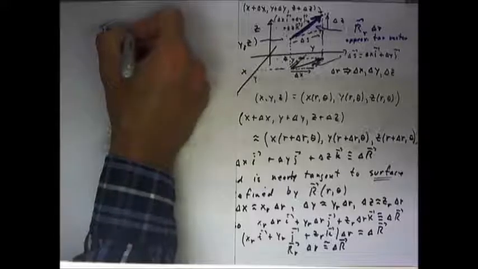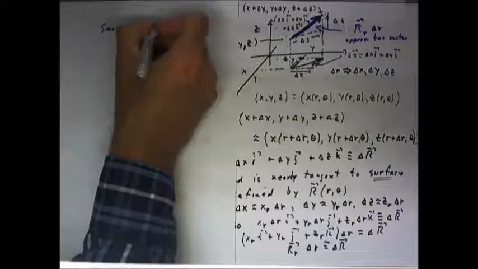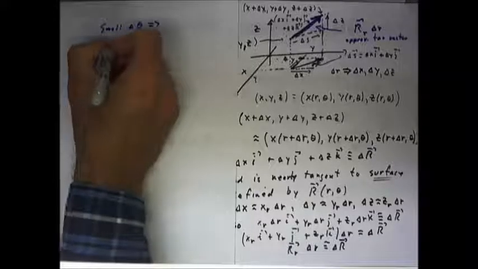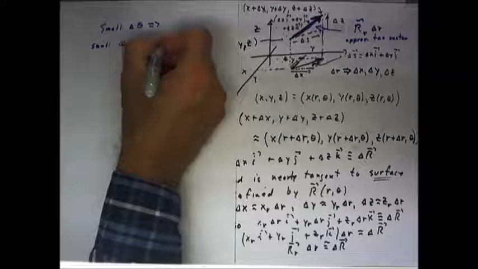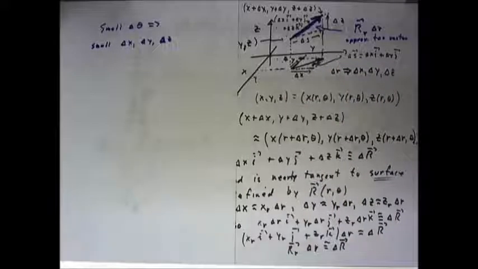Now, a little more briefly, I'm simply going to state that a small delta theta implies a small delta x, delta y, and delta z. Completely analogous to the statement we have here.